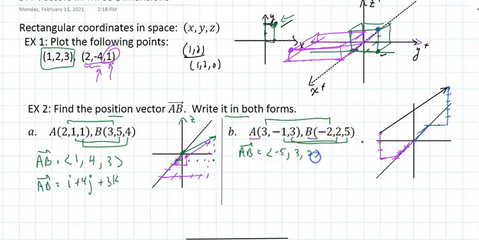So that vector right there, if you measure how many units you're moving forward, to the right and up, that's the same as you moving 5 back, 3 to the right, and 2 up. And that vector would look like this.